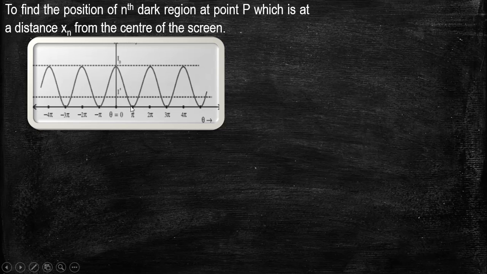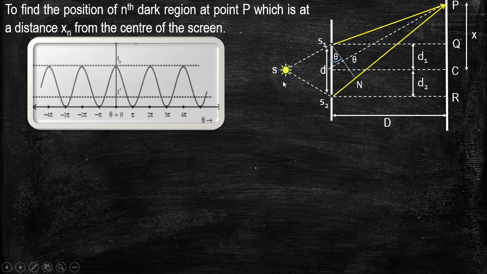We can find out the distance of the second dark region from the center of the screen, and we can also find out at what angle the first dark region, second dark region, third dark region and so on are formed with respect to this horizontal line drawn from the center of the screen.